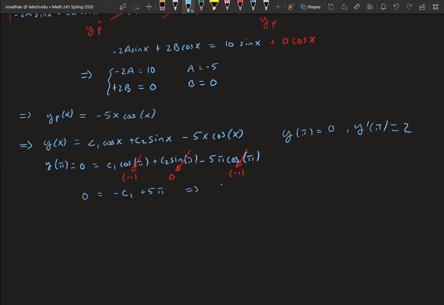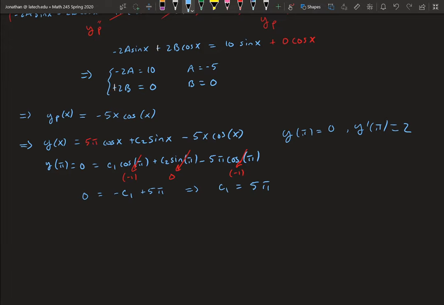So that tells us that c1 is actually equal to 5 pi. Right, so then we plug that in. I'm going to erase right here, put a 5 pi right there.